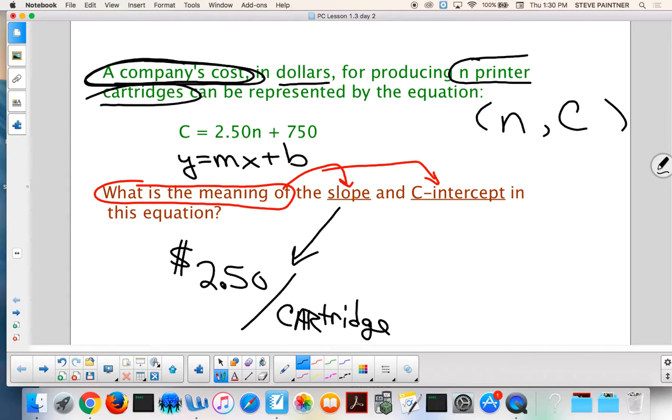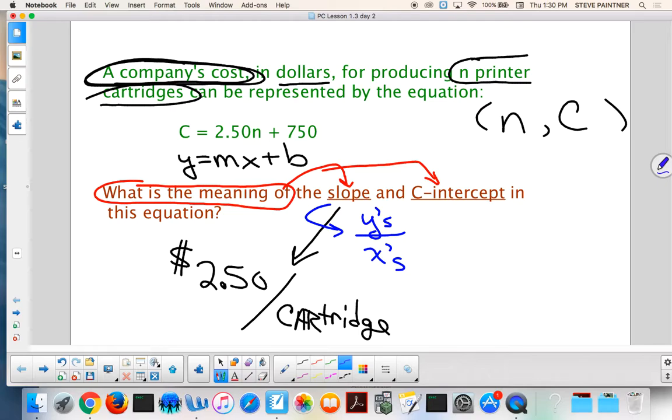Now, how are you going to get that in your assignment today? Well, here's what I would do. Try to remember that slope is really just the difference in your y's over the difference in your x's. Where's the y? It's right here.